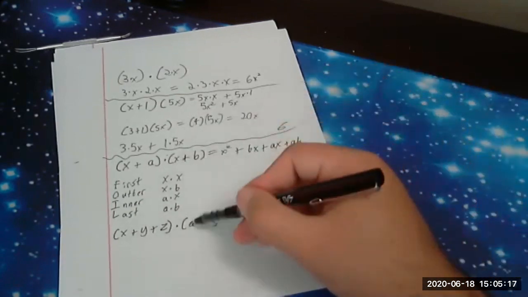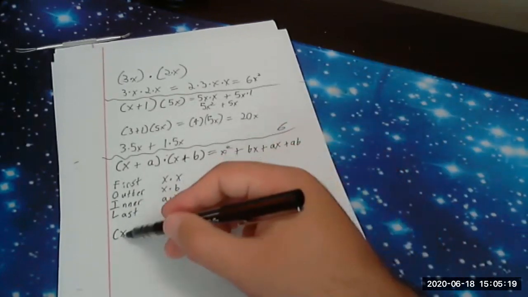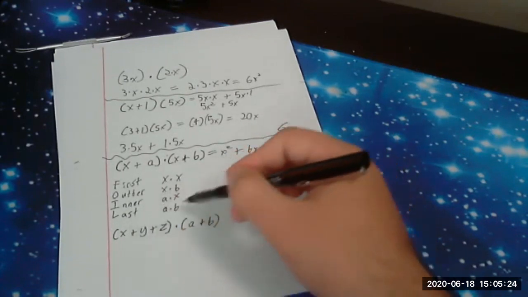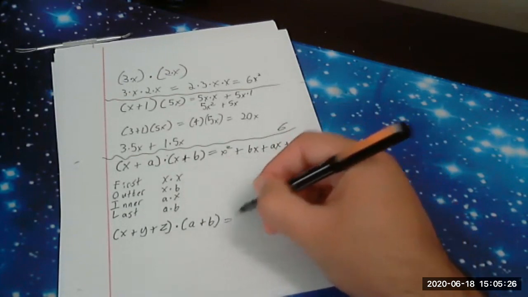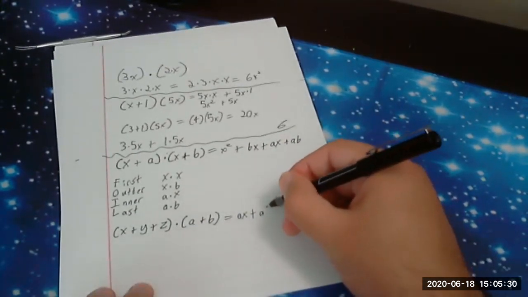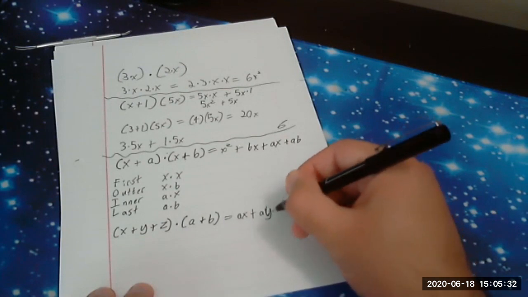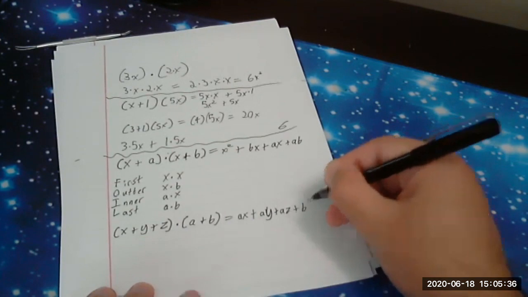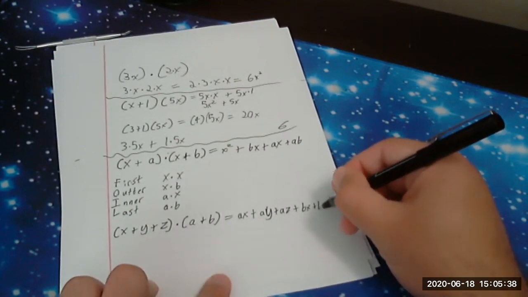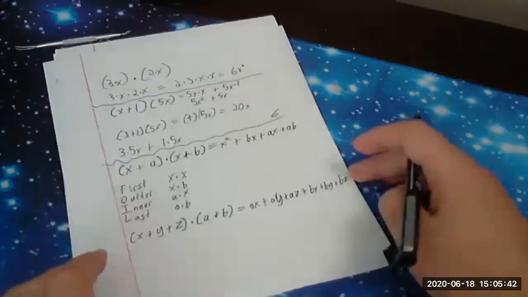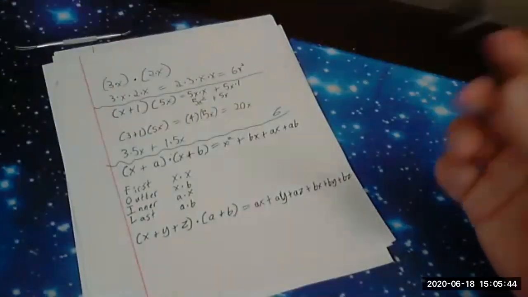So like you said, A goes to X, goes to Y, goes to Z, and B goes to X to Y to Z. So you get AX plus AY plus AZ plus BX plus BY plus BZ. So that's nice.